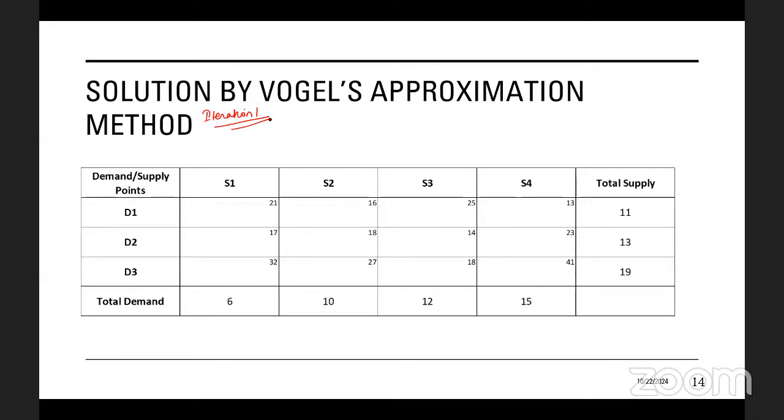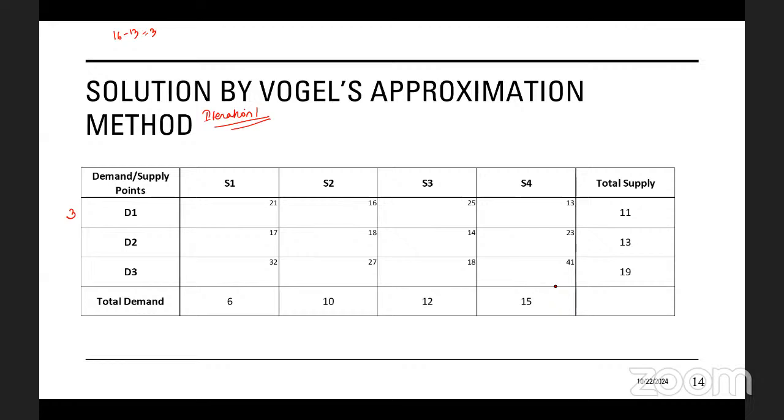What will happen is we will have to make the allocation. If we look up in the first row, the least cost cell is 13 and the second least cost cell is 16. So the penalty here would be 16 minus 13 equal to 3.